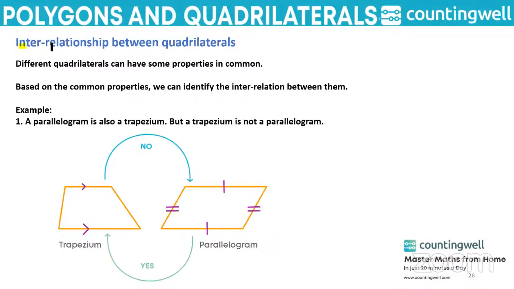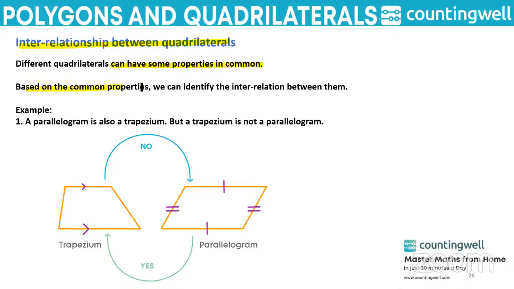Let us see some interrelationships between quadrilaterals. Whether we can call a trapezium a parallelogram, or whether every parallelogram can be a trapezium or not. Different quadrilaterals can have the same properties or a few properties in common.